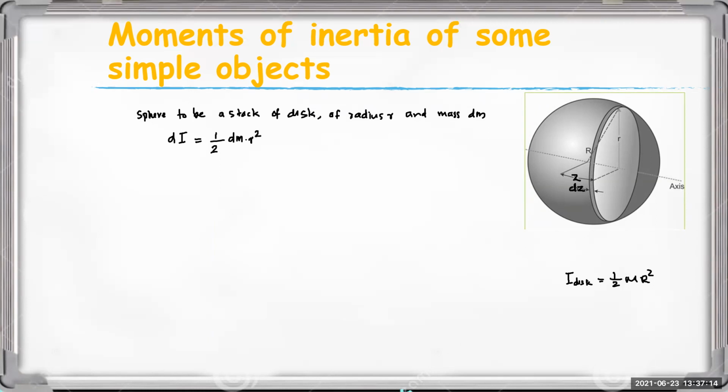So dI is 1/2 dm r squared. But here, what is dm? First we have to find the mass of the disk.